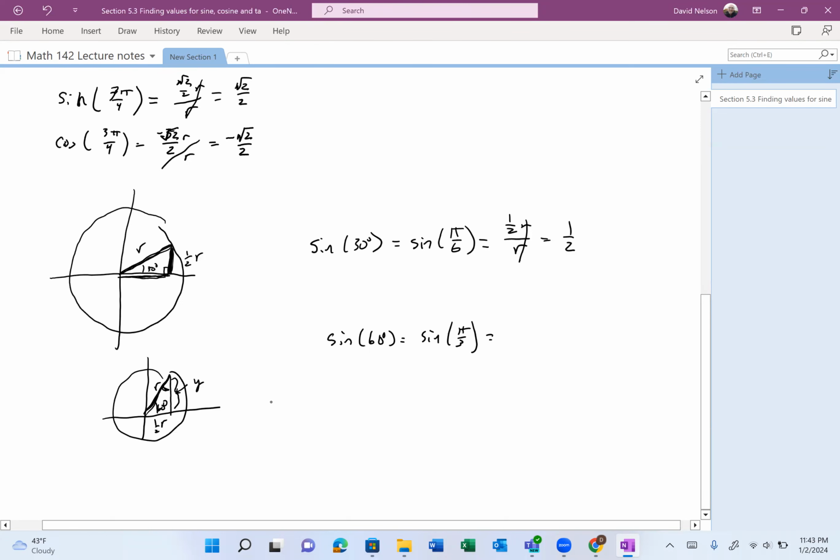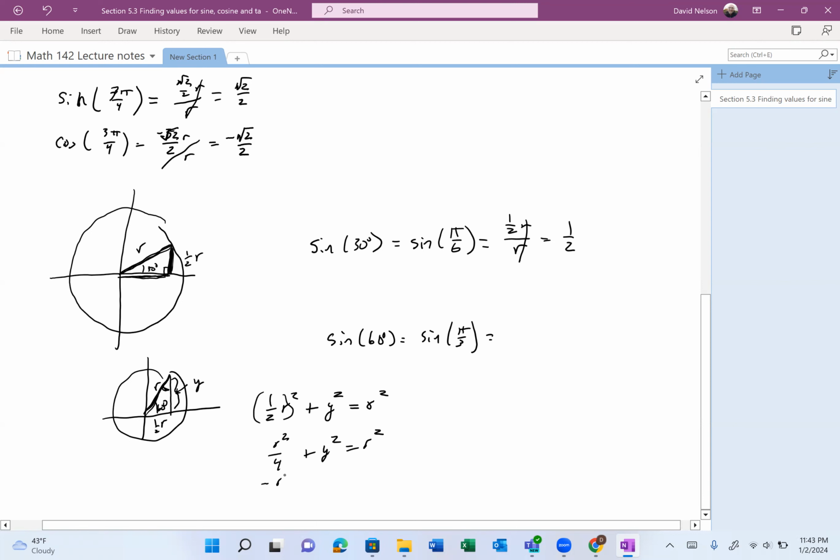According to the Pythagorean theorem, 1/2 r squared plus y squared has to equal r squared. So what I end up with is r squared over 4 plus y squared equals r squared.